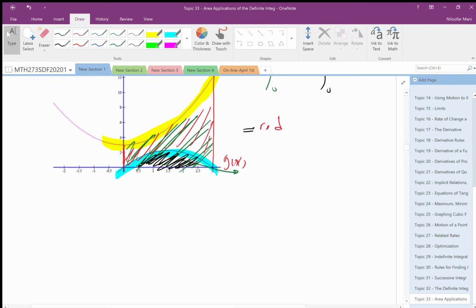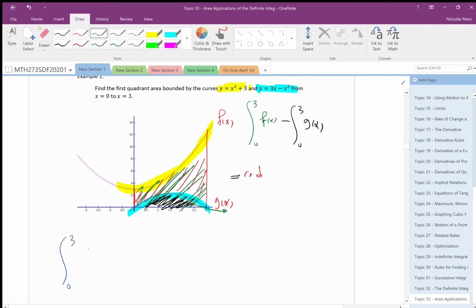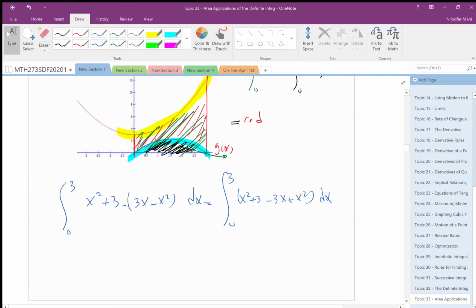So what is the answer here? The answer is the integral from 0 to 3 of x squared plus 3 minus 3x minus x squared dx, which is the integral from 0 to 3 of x squared plus 3 minus 3x plus x squared dx.